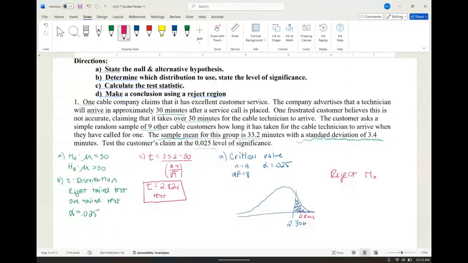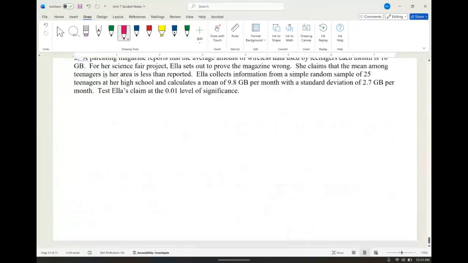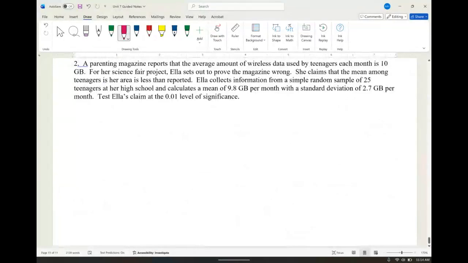All right, next example. A parenting magazine reports that the average amount of wireless data used by teenagers each month is 10 gigabytes. For her science fair project, Ella sets out to prove the magazine wrong. She claims that the mean among teenagers in her area is less than reported.